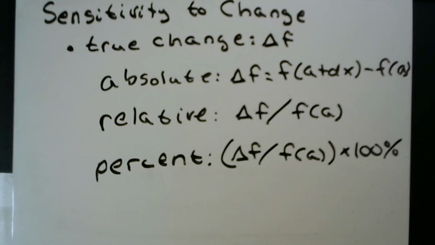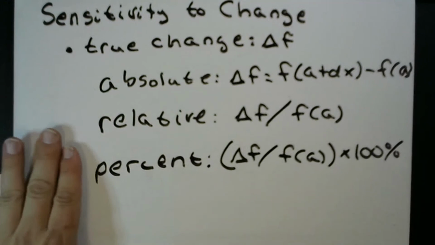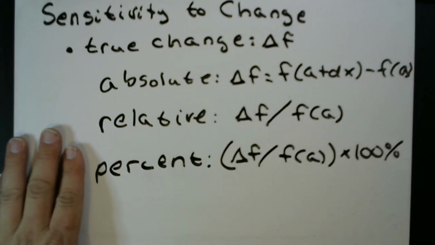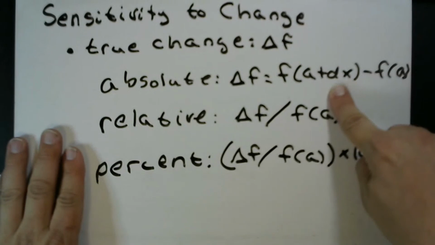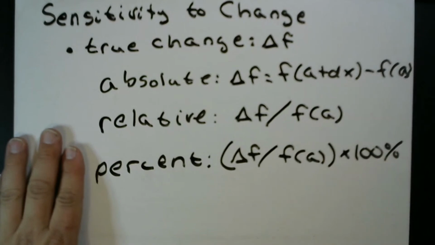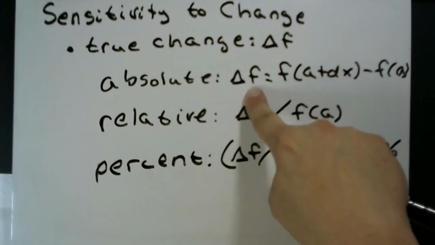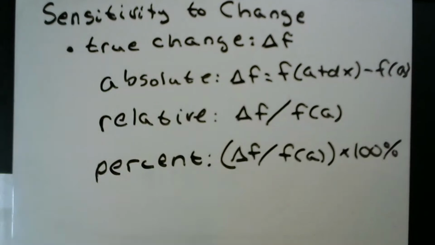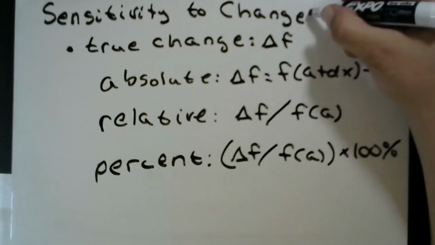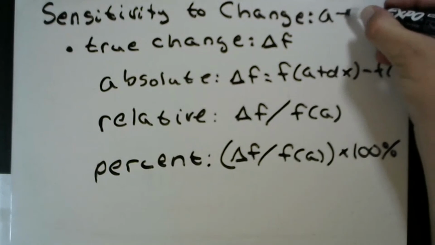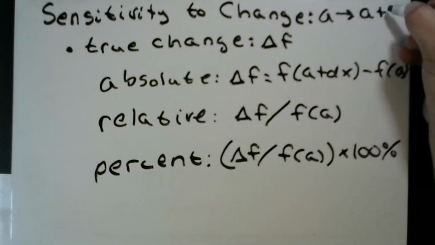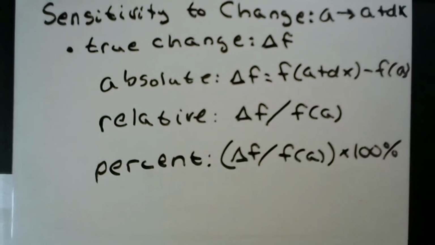So this is something that comes up a lot in mathematics, actually. When there's a small change in the x value, like only a dx is added to our x value, you could get a big delta F. And that's what we mean by sensitivity to change. What does delta F do as you go from x equals a to a plus delta x?